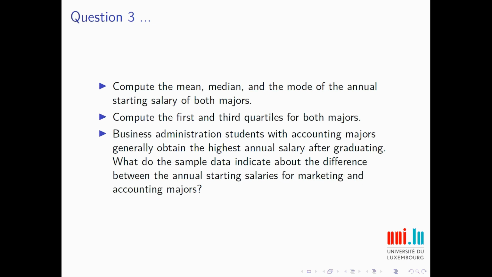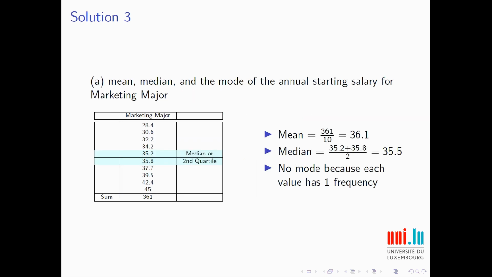Okay, we have already done it. Also the first and third quartile, and you also have to describe the data. I will not spend too much time on this exercise, so in case of questions, just let me know through the chat.